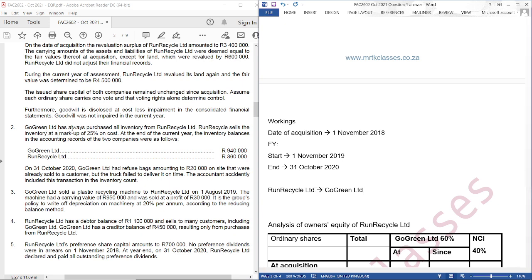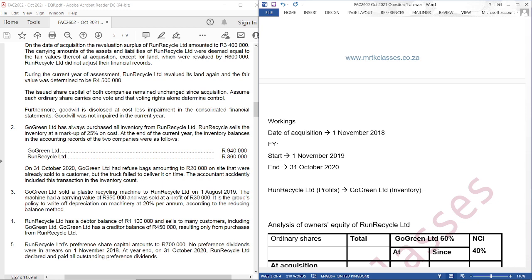Go Green Limited has always purchased all inventory from Run Recycle Limited. So profits are in the books of the seller. Inventory is in the books of the buyer.